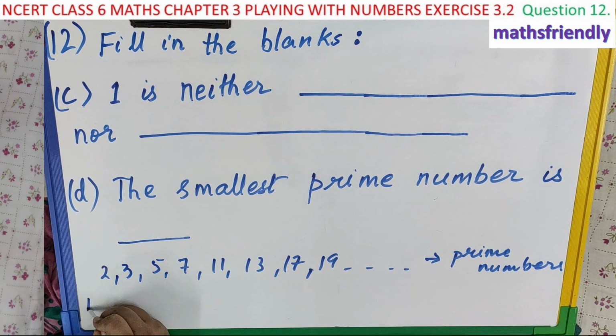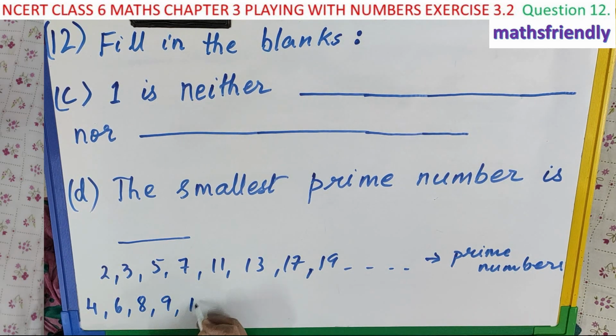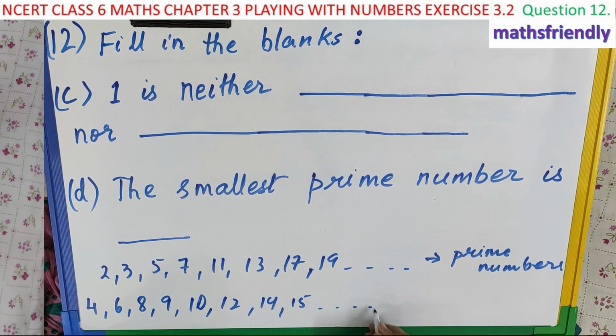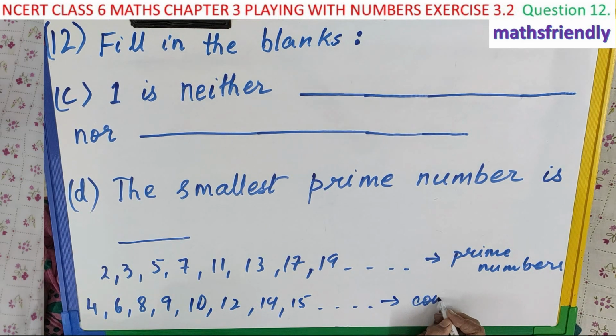And composite numbers are 4, 6, 8, 9, 10, 12, 14, 15 and so on are all composite numbers, right?